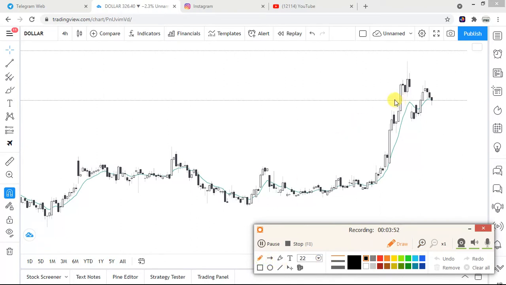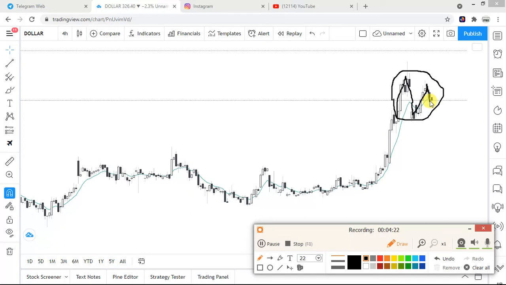Here, the structure is this one. This structure shows us that the market reached a supply zone and has already made an M pattern, trending in this way and this way.